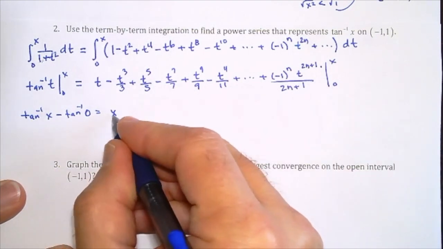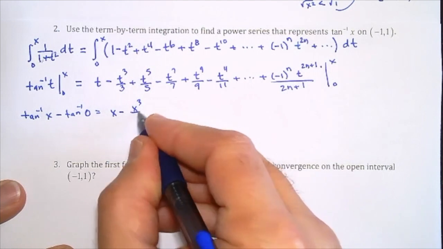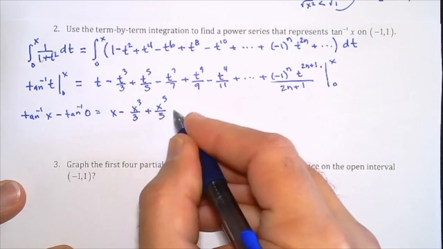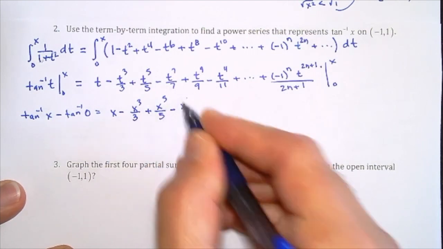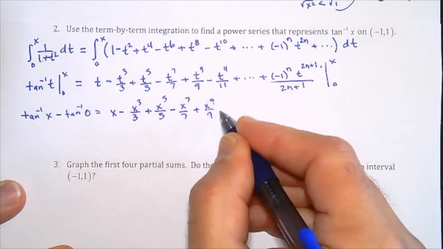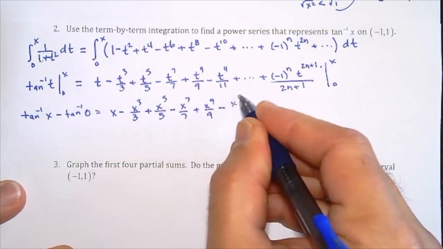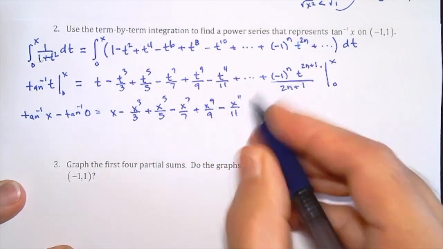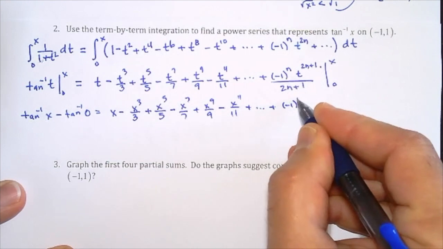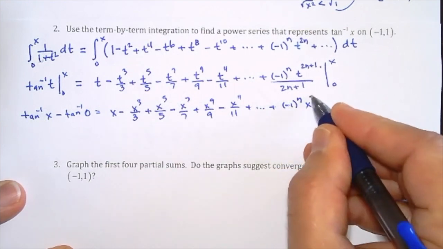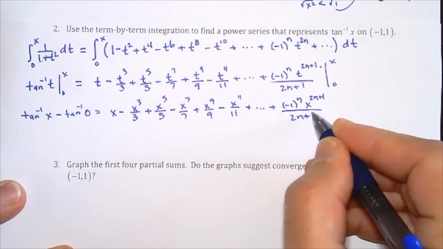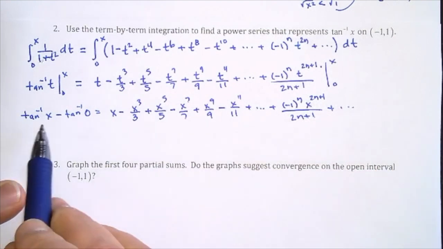So this is going to become x minus x cubed over 3 plus x to the 5th over 5 minus x to the 7th over 7 plus x to the 9th over 9 minus x to the 11th over 11, and notice the power and the denominators match. Then plus dot dot dot, and then plus negative 1 to the n, x to the 2n plus 1 over 2n plus 1 plus dot dot dot.